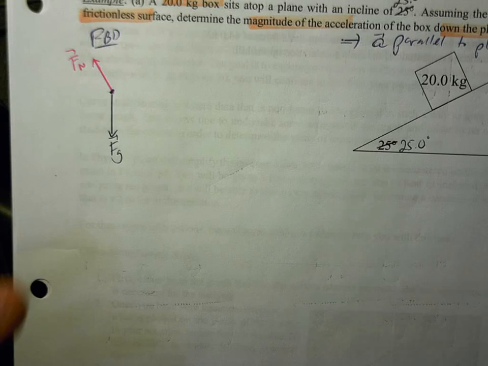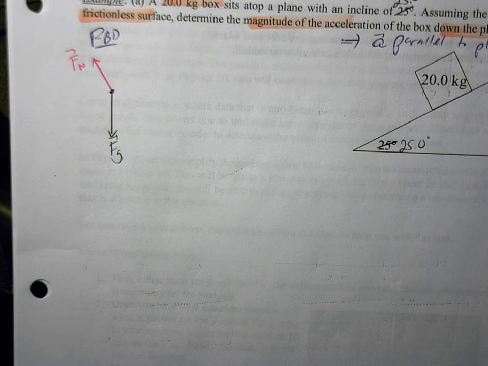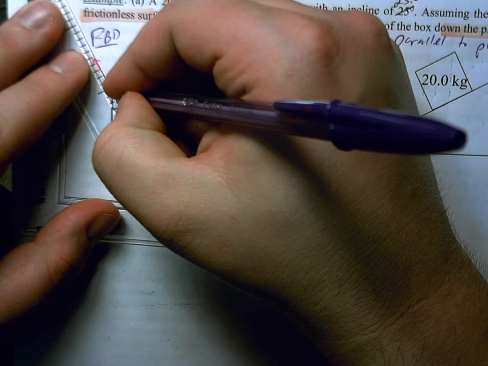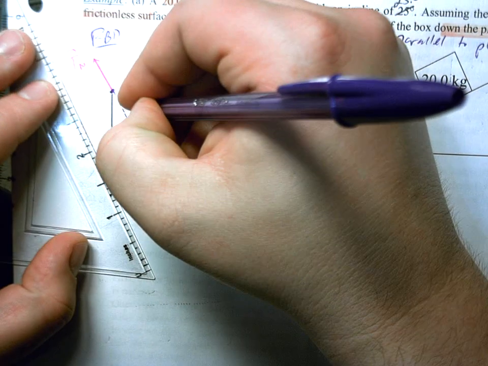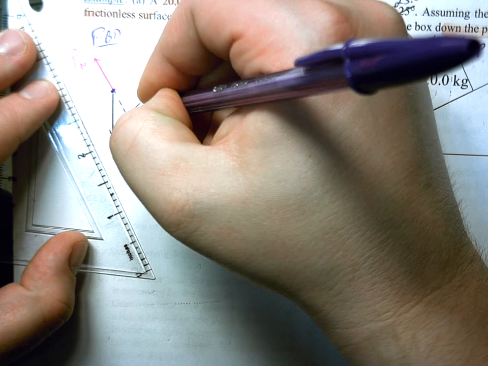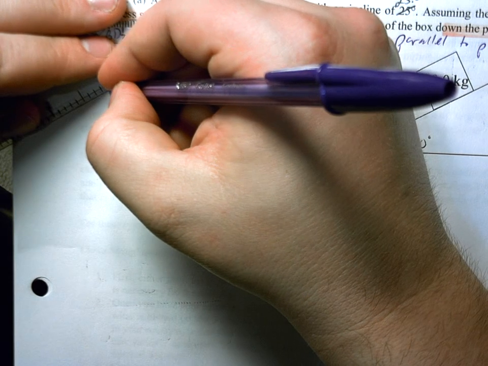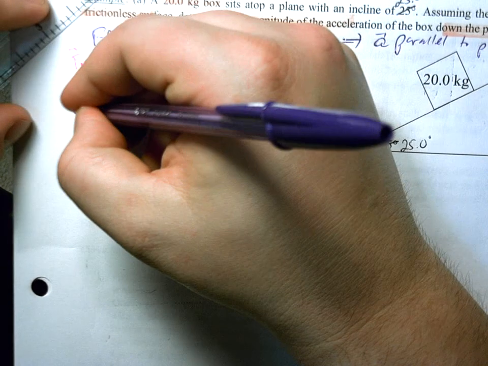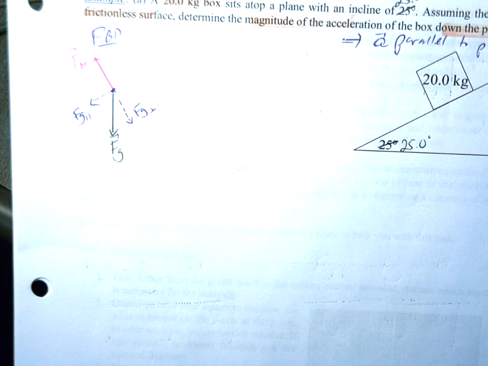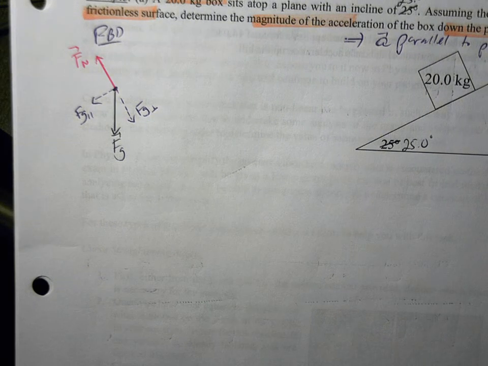And at this point, we would say your free body diagram is complete, but I would always recommend for this stuff with free body diagrams, sketch out your components on the diagram. So we're going to sketch out FG perpendicular here, and then we'll sketch FG parallel here. Again, we always want to draw our components as dashed lines.